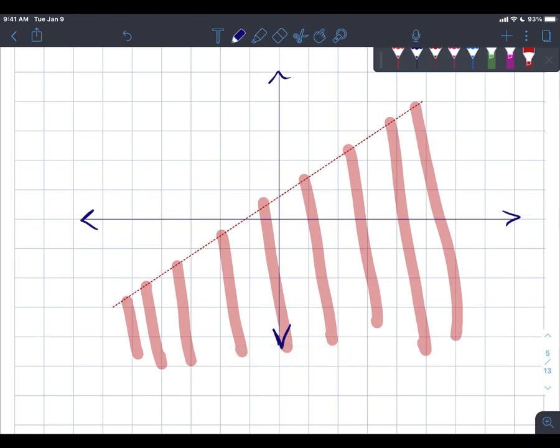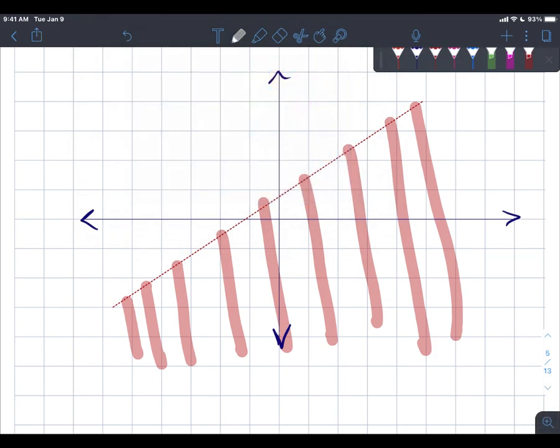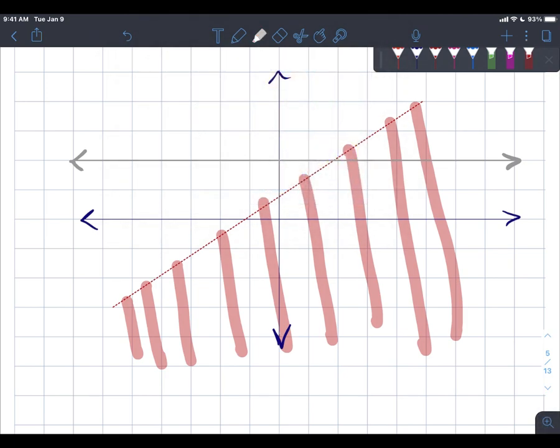Now I'm going to draw in another one, and I'll do this other one over here in a gray color. Actually, make that a little bit bigger. Okay, I got that gray color. So for this one, I'm going to shade above.